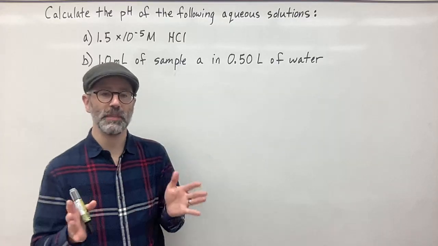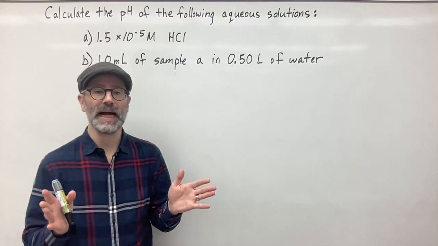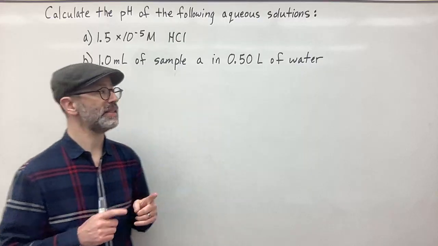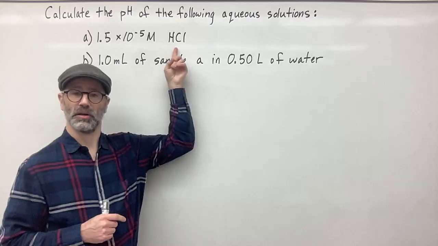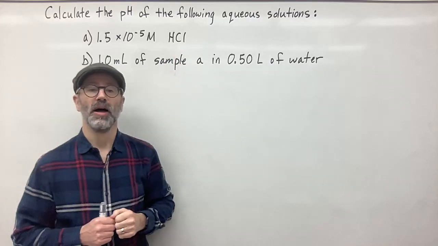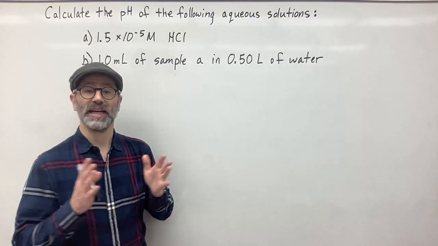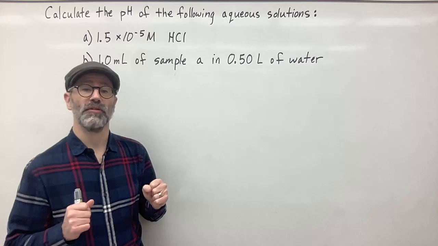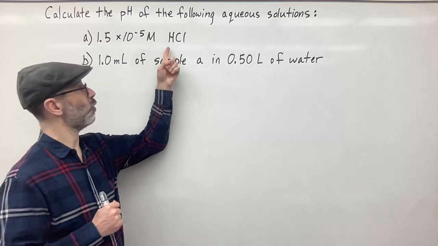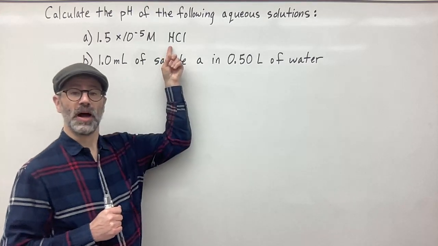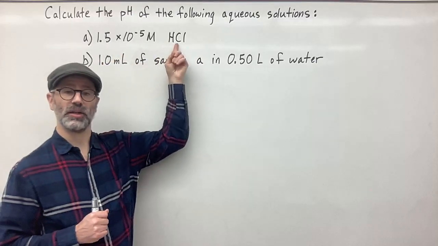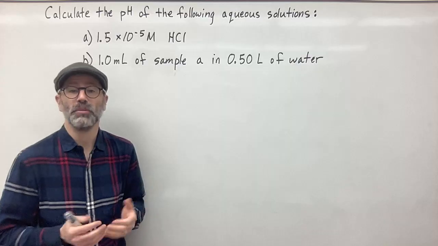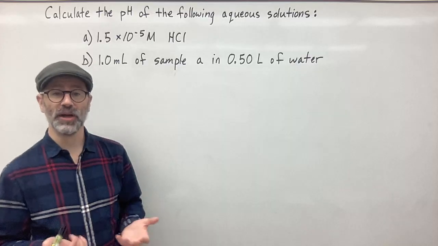You're going to be pretty much 100% ionized in water, which means that for every mole of the HCl molecule you have, you're going to get that many moles of the H plus ion. Since it's a 1-to-1 ratio here, whatever the molarity of the HCl is, that's also going to be the molarity of the H plus ion.